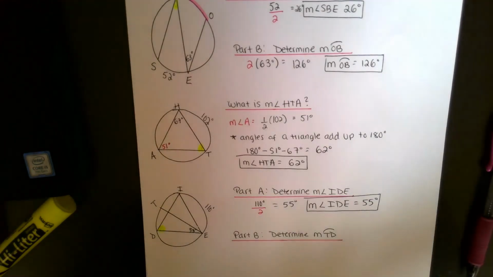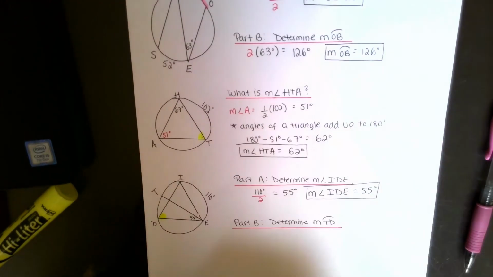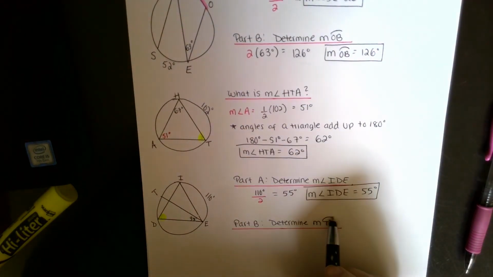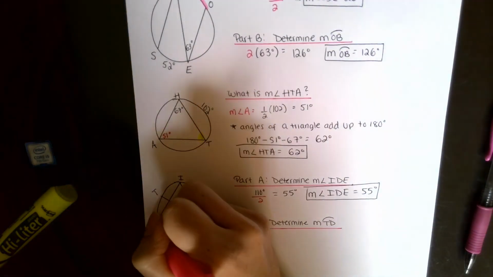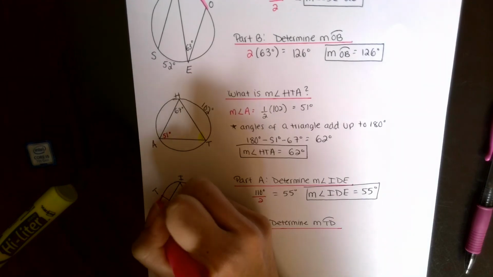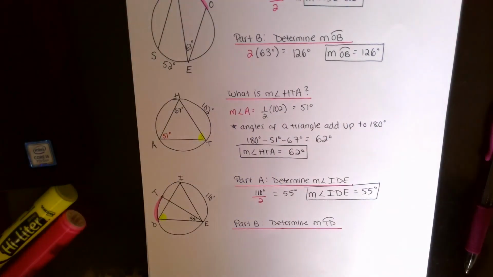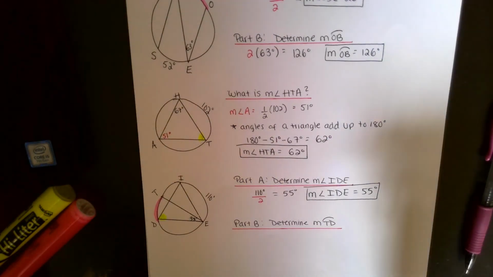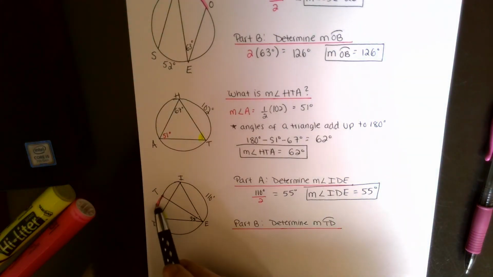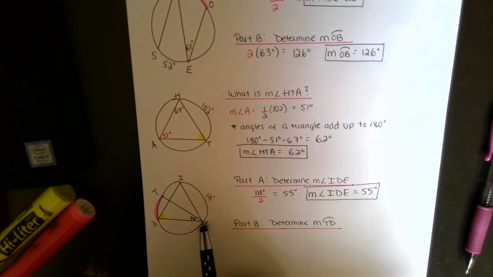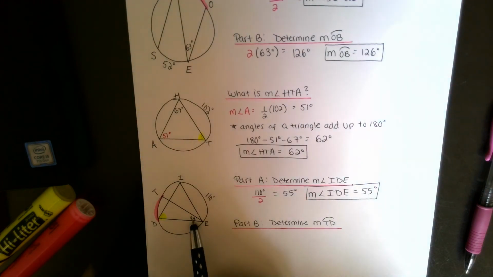And the last one, it says for part B, determine the measure of the arc TD. I'm looking for this arc, TD. So the arc is in relationship with the inscribed angle. Right across from here, the angle is right here, which is 38 degrees.